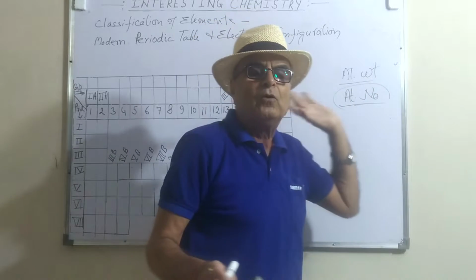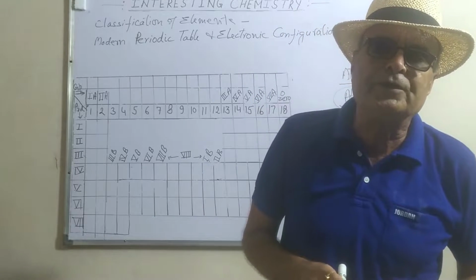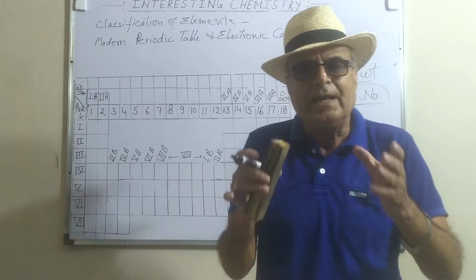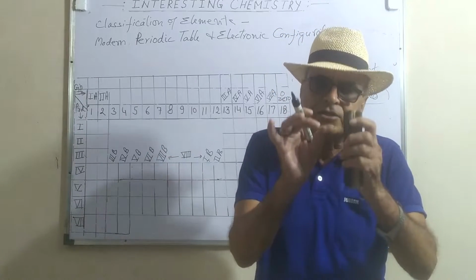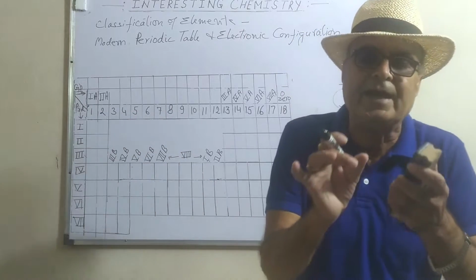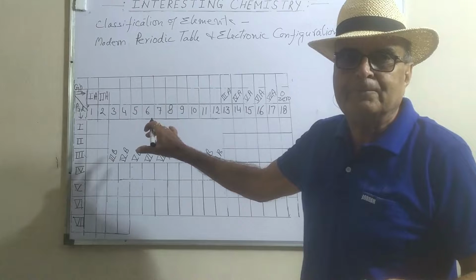According to the modern periodic law, all elements are arranged in the increasing order of their atomic numbers. I will show you this in my periodic table.